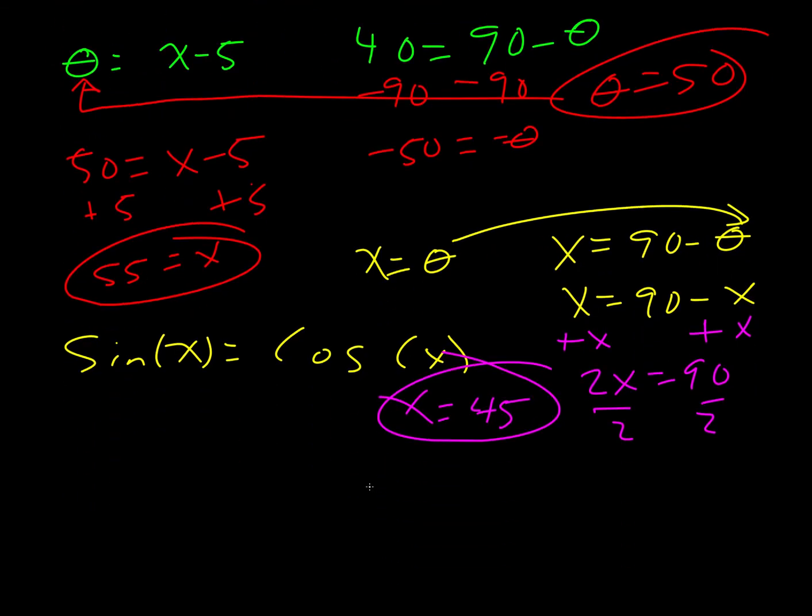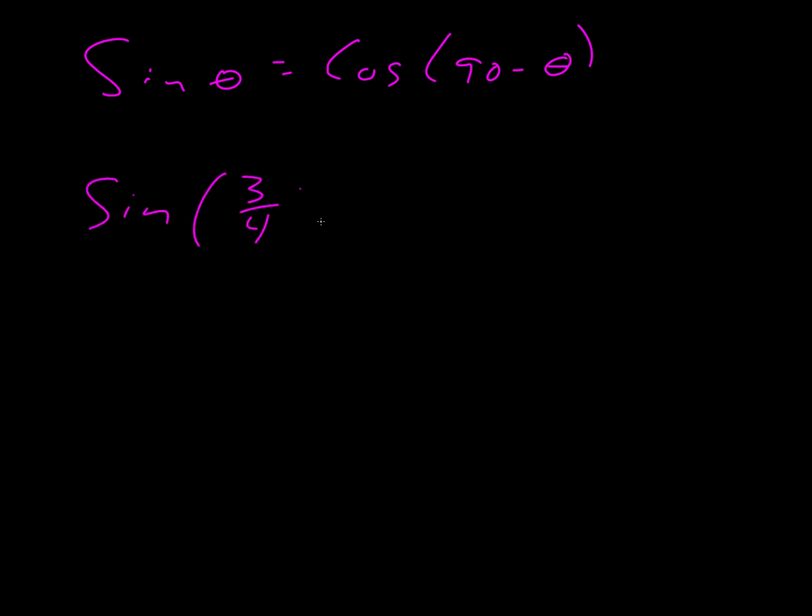Okay, we're going to keep going. Once again, I'll write this statement: sine theta equals cosine of 90 minus theta. We'll do one of these crazy ones. Sine of 3/4 x minus 3 equals cosine of 66. So this is theta.